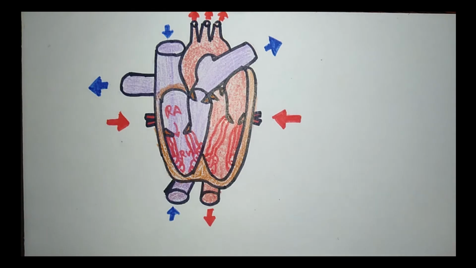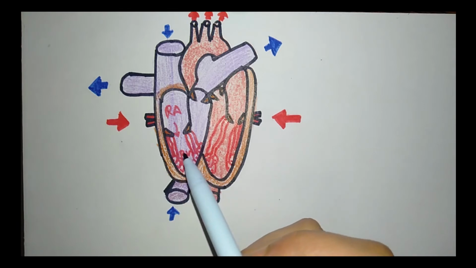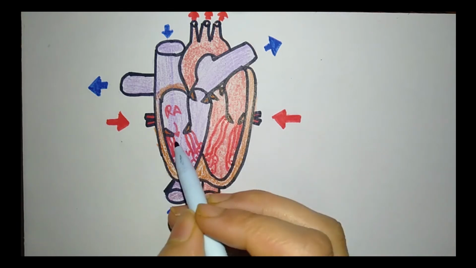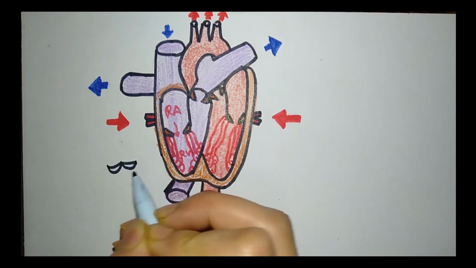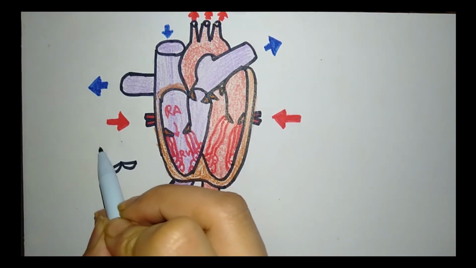But this only happens in the case of a pathological condition. Whenever there is higher pressure in the right ventricle in comparison with the right atrium, then this chorda tendineae flap back to their position, leading to the closure of the valve, like this.